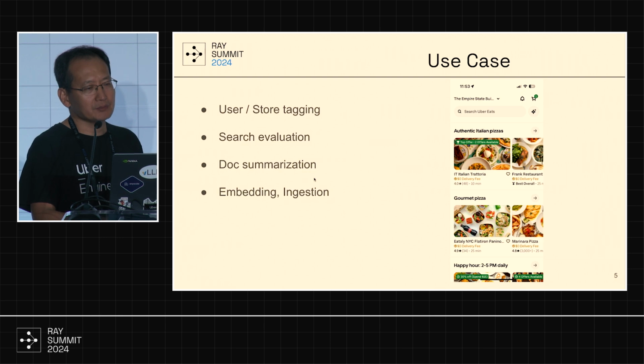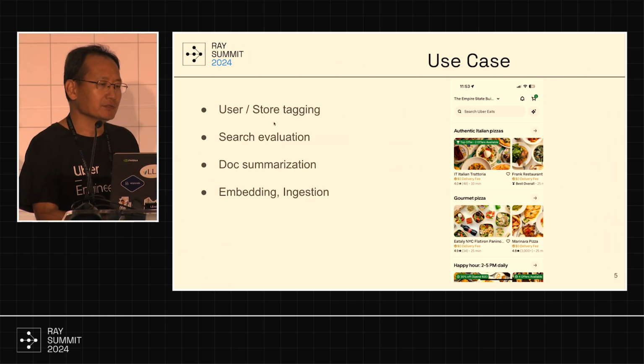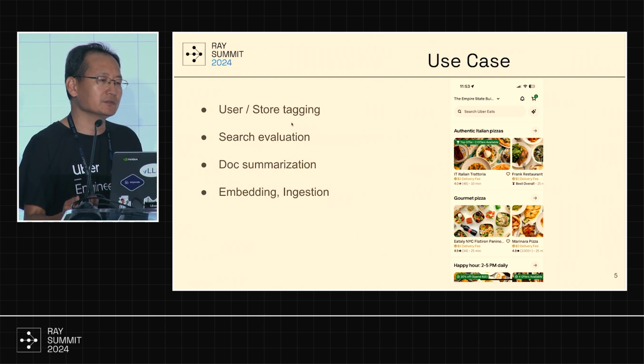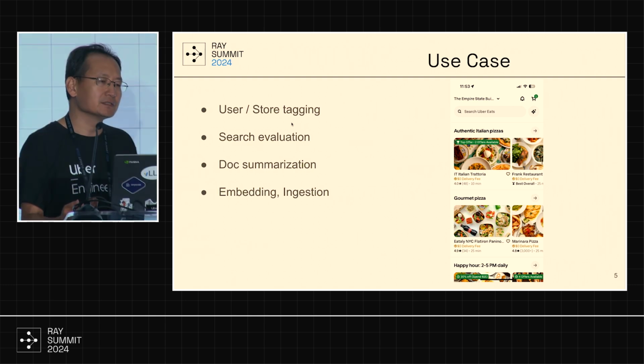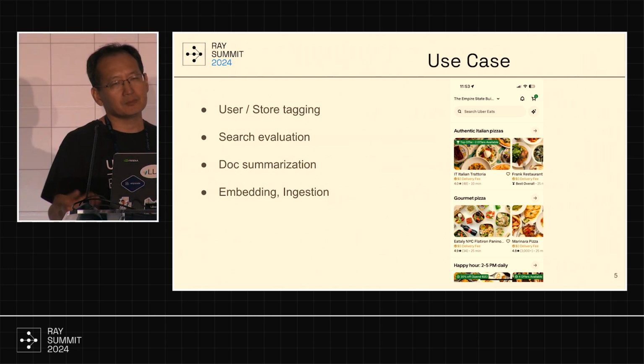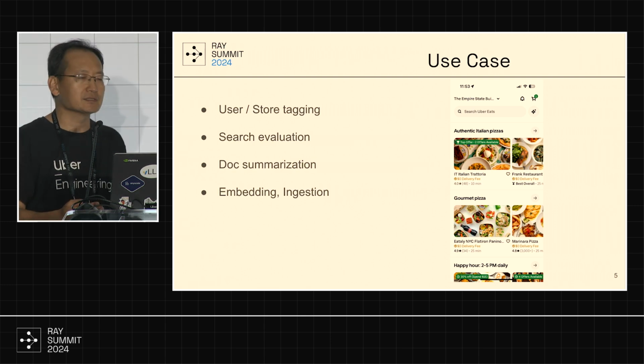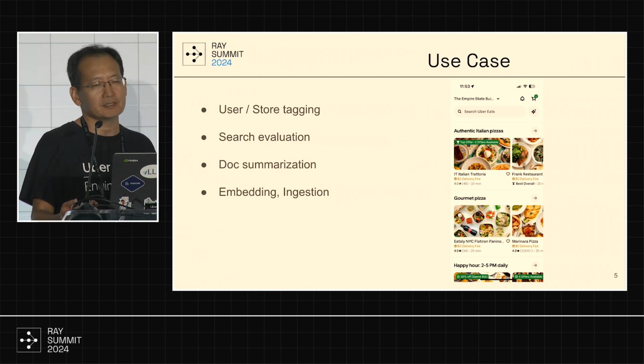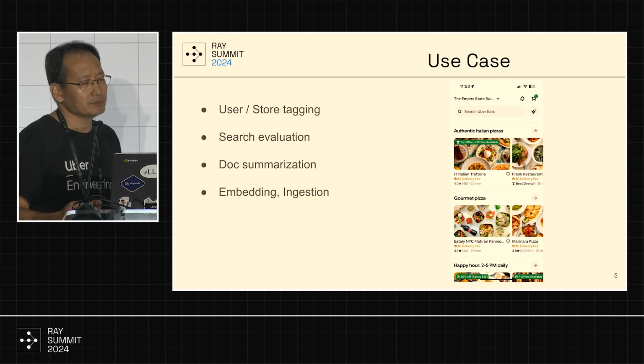Let me give an example of how we use it and why we need it. For example, user store tagging. For Uber Eats we get daily data. You have a store, for example a restaurant, and we want to tag it: what kind of restaurant is this? Is it American food, Asian food, all that stuff. We want to do search.